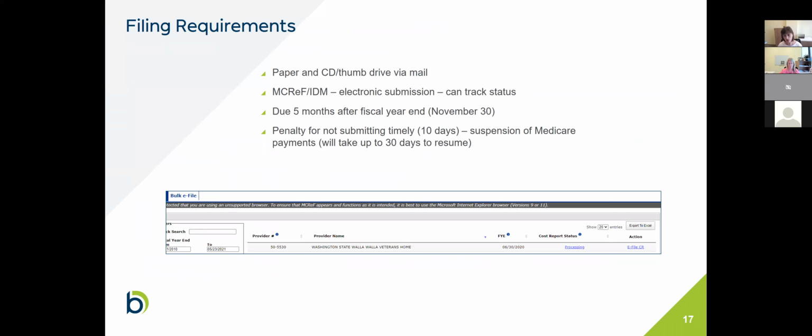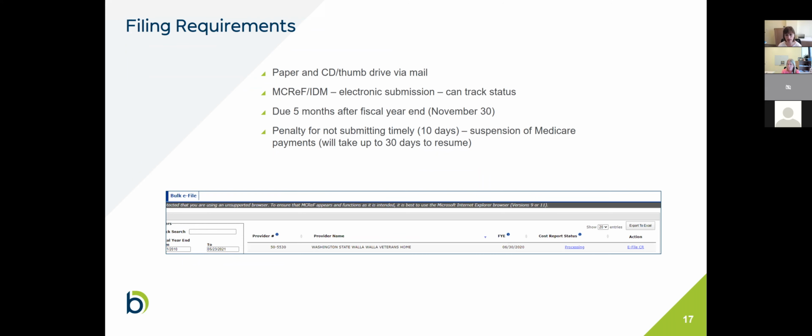So, Medicare cost report filing options. There are a few options this year that CMS and MACs provide to us on how to file your cost reports. You can still use paper in combination with CD or thumb drive to send the cost report to Medicare. The preferred way, though, is to use Medicare e-file or IDM self-service.